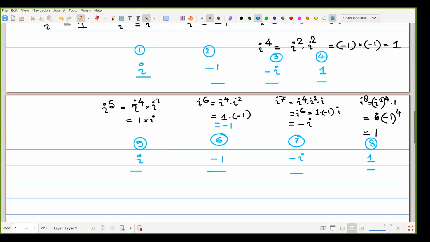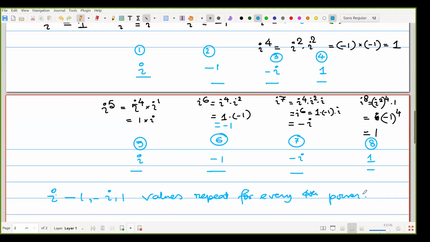So according to this pattern, that is i, -1, minus i, 1. The values repeat for every fourth power.